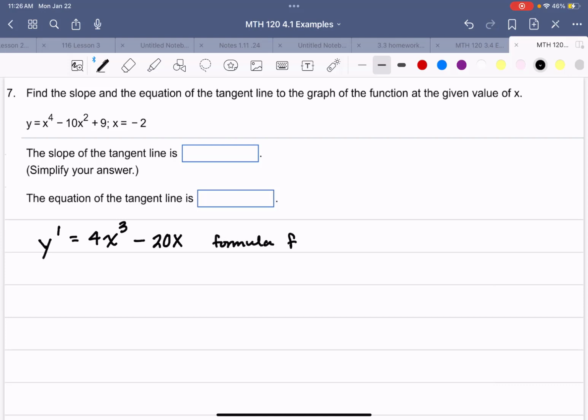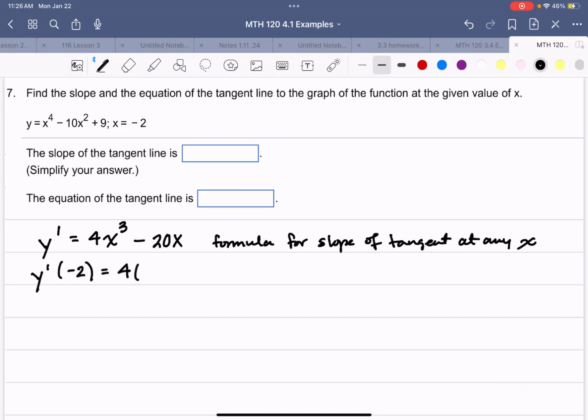So this is our formula for the slope of the tangent at any x for this curve. But they specifically said find it at negative 2.